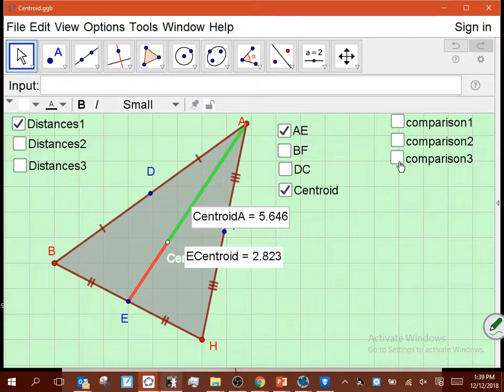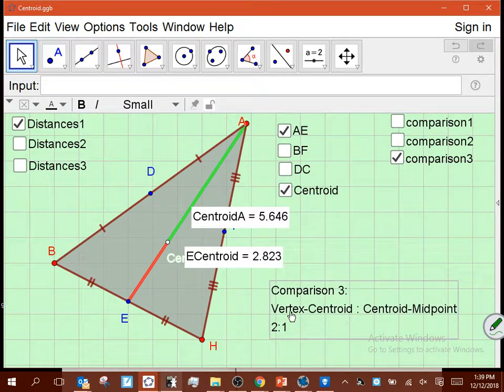So when we look at this comparison, we call the green part vertex to the centroid, because that's what that segment is defined by as regards its endpoints, the vertex and the centroid. The red part is the centroid to the midpoint, okay? When we use that comparison, it's always going to be a 2-to-1 ratio, okay?